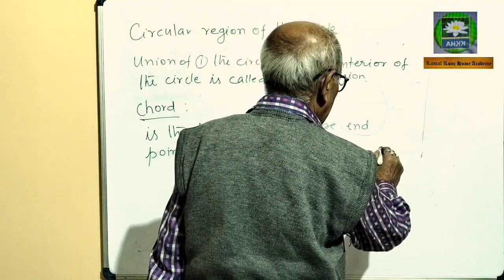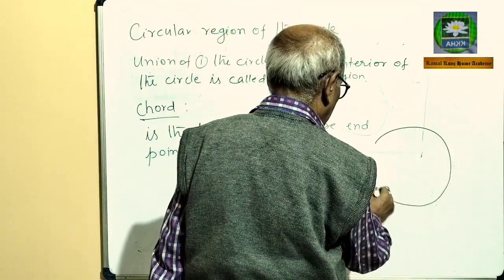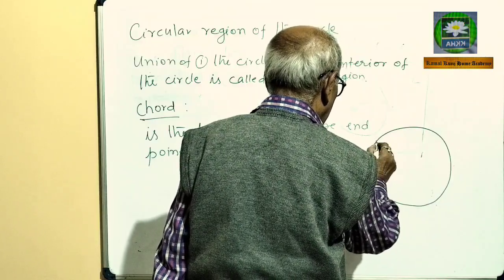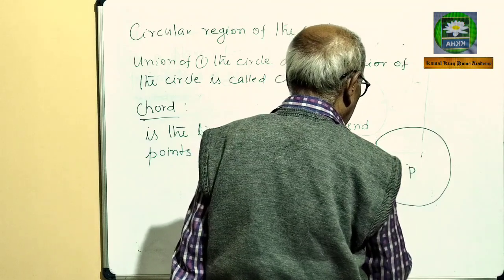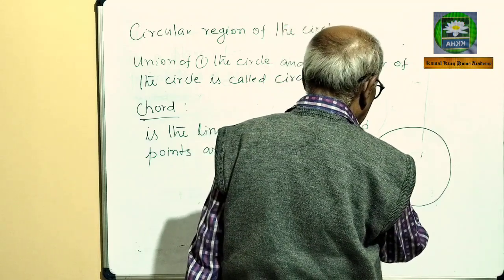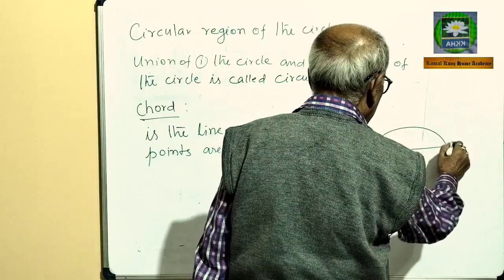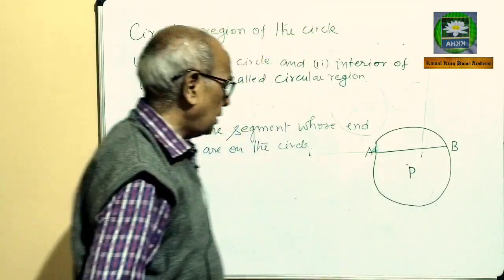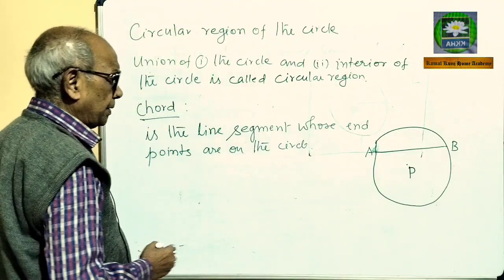For example, suppose this is the circle and this is the center. Then this segment AB, whose end points are on the circle, is called a chord of the circle.